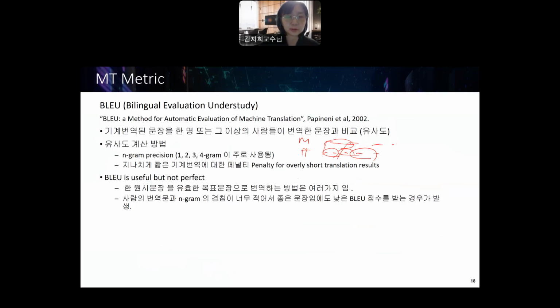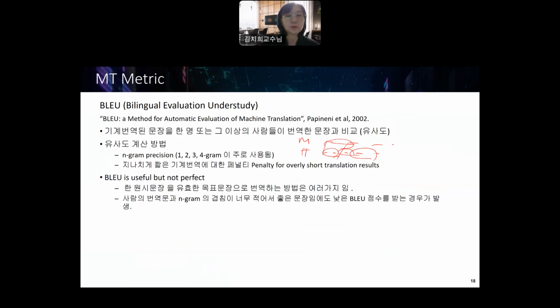There are alternatives, but not much better alternatives. And this particular one gives a penalty if the translation is just too short. The bigram and n-gram may have low scores, so it may create overall low BLEU scores.